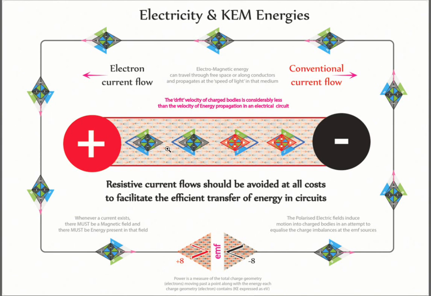And of course, once they are in motion, their chem field energies will create a magnetic moment, which is described with Ampere force laws and Lorentz forces, right hand, left hand rule laws, where we're describing the magnetic field created by a current in a conductor. Again, this magnetic field created around the conductor is the result of the chem field energy geometries of the charged particles in the conductor.